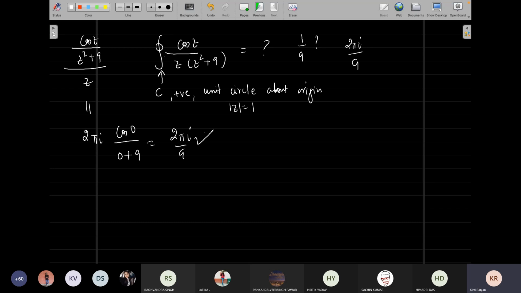So now that you are doing these integrals so fast, if I give you a problem like this: the integral of e raised to power 2z over z raised to power 4, dz, C again the positive unit circle.